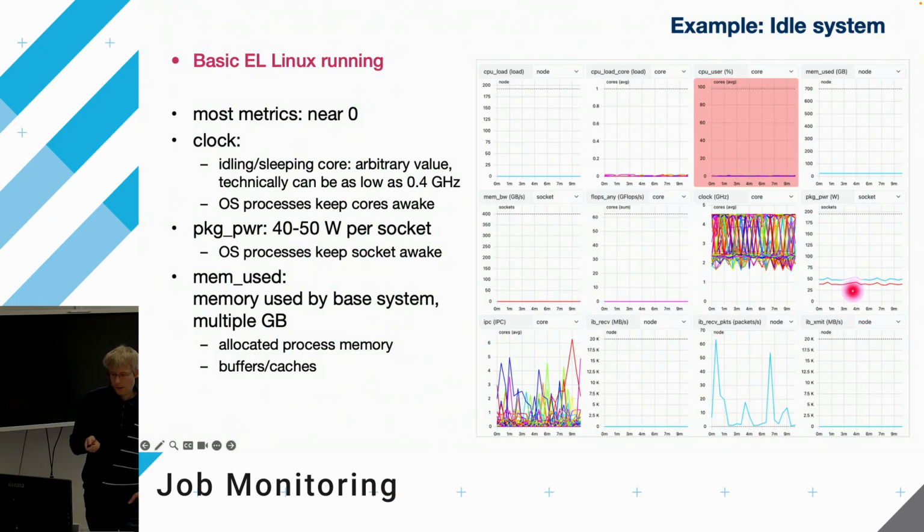So you see here the two lines. There's a certain offset between the two sockets, but this is basically when nothing is happening. So we see here in this example there is some, the IPC values, maybe some daemons of the operating system in the background executed something, but that's not dramatic. And we see some values here in the networking, but they are only, I know, a few packets per second.